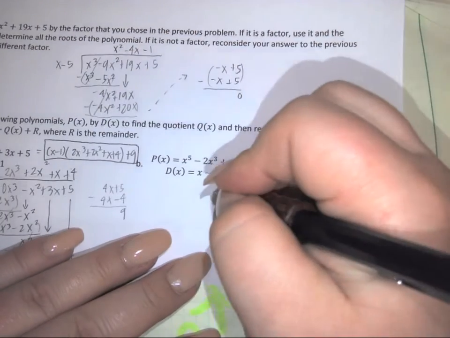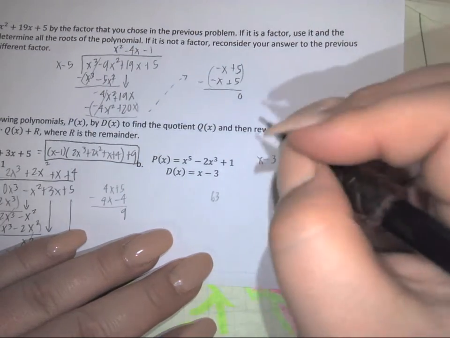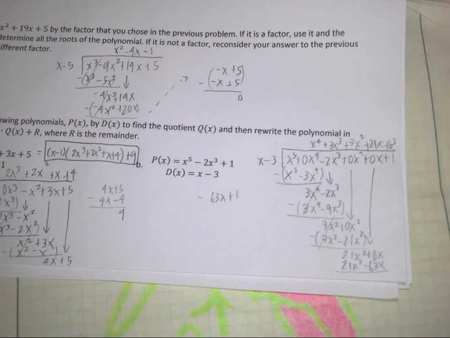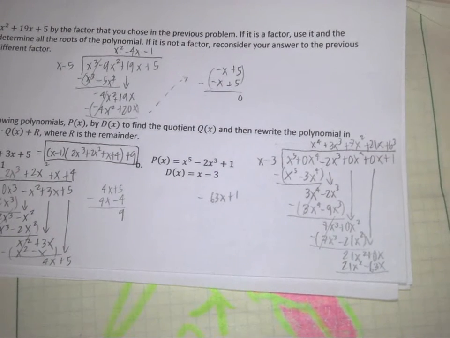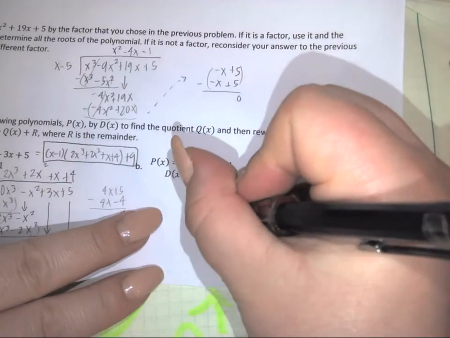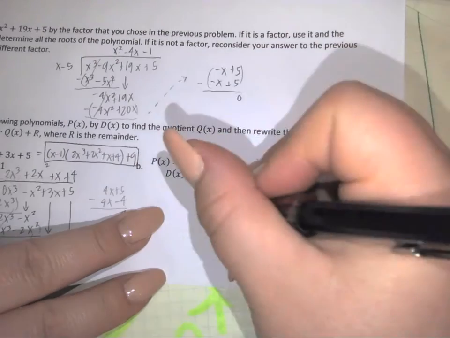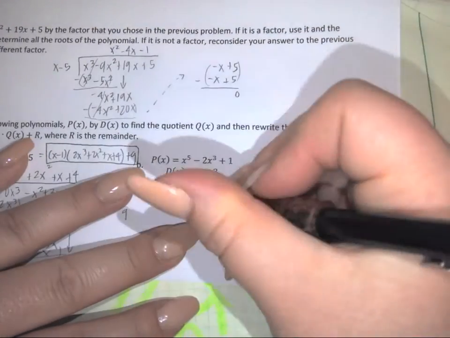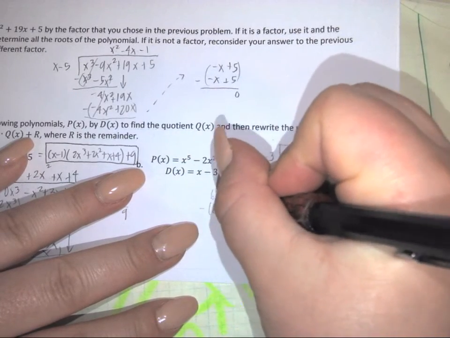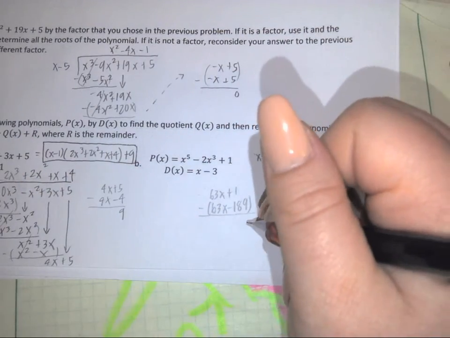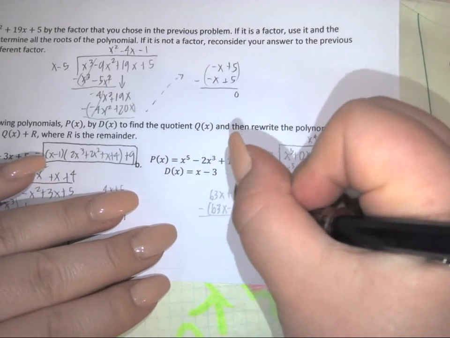So then that gives you 63, bring down the plus 1, and then 63 times negative 3 is negative 189. Then you subtract them, and you get 190.